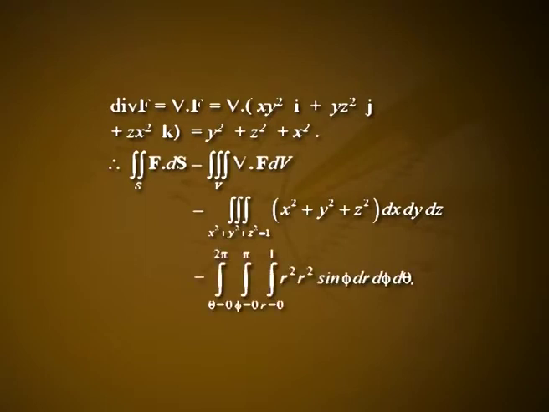Therefore, double integral over S of F dot dS is equal to triple integral over V of del dot F dV, which is equal to triple integral over x² + y² + z² = 1 of (x² + y² + z²) dx dy dz, which is equal to integral theta from 0 to 2 pi, integral phi from 0 to pi, integral r from 0 to 1 of r² sin phi dr d phi d theta by using the spherical polar coordinates, which is equal to 4/5 pi on simplification.